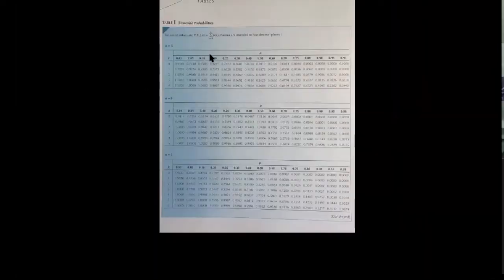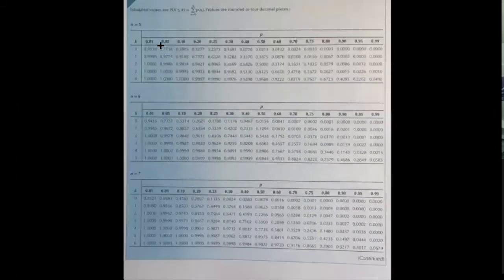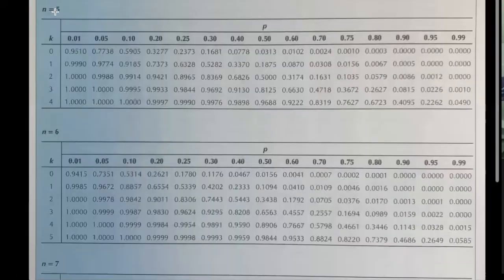The second part is that, as you see, there are different tables. We have to find a table with the right number of trials. At the beginning of each table, you see some n. Here it says n equals 5, n equals 6, n equals 7. Those are the number of trials.